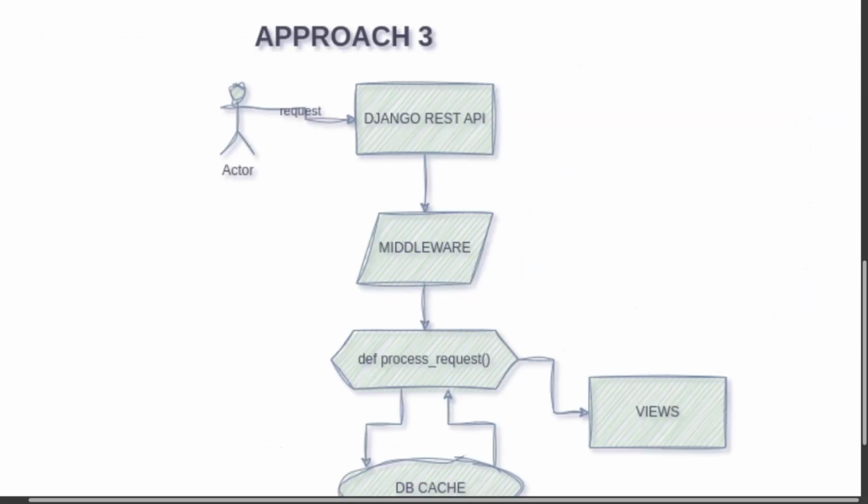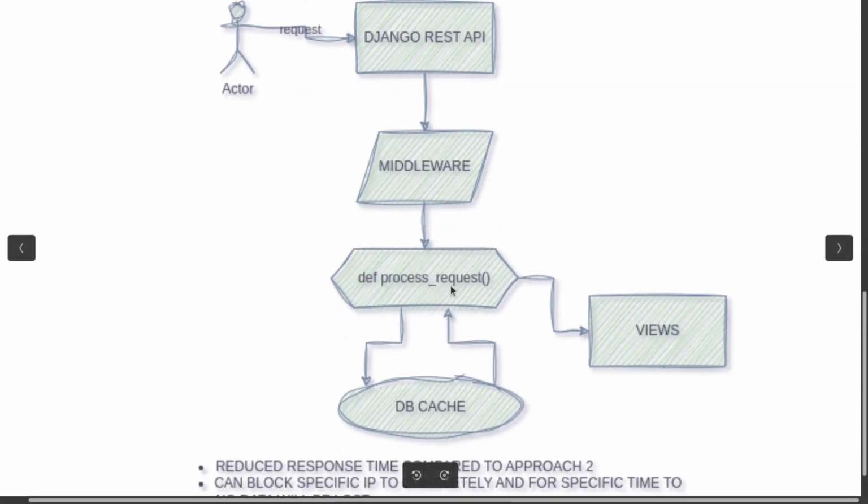Approach 3 is caching the data in the database. Whenever a user makes a request to the Django application, it first goes to the middleware. I have written the logic in process request, where we check whether the requesting user has reached his maximum request count or not.